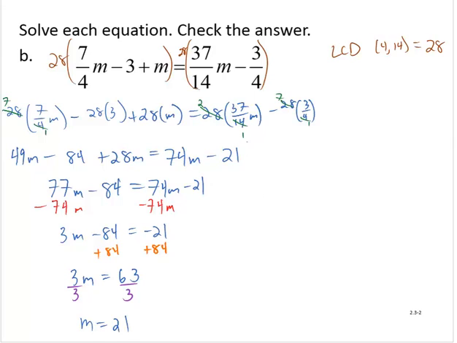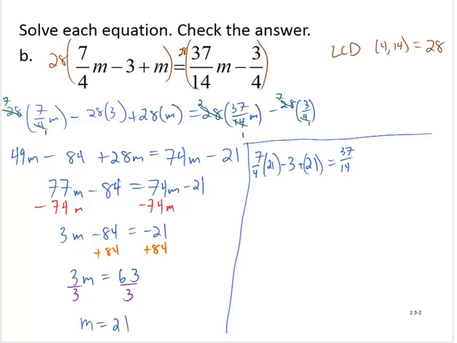Let's check our work. So we have 7/4 of 21 minus 3 plus 21. Is that equal to 37/14 of 21 minus 3/4?